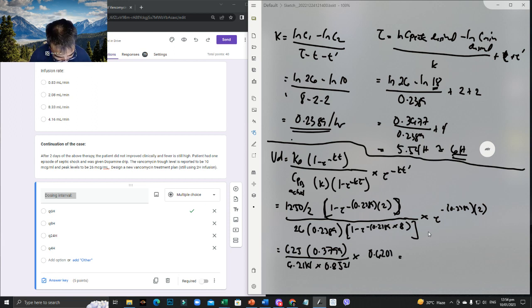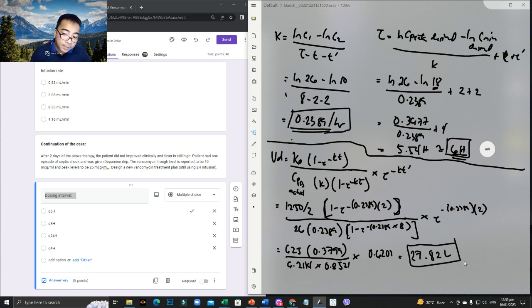At ang kalalabasan nito is 27.82 liters. Right? So that's our VD. So our dosing interval is 6 hours, our K is 0.2389, our VD is 27.82.